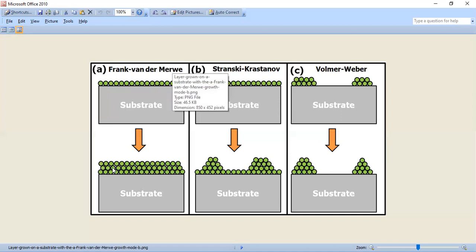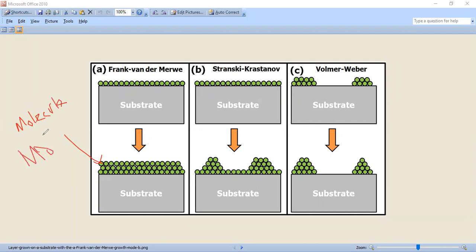Here the molecule bond formation is stronger. We talked about bond formation during growth. Molecule-molecule bond formation is stronger in the case of Frank van der Merwe.